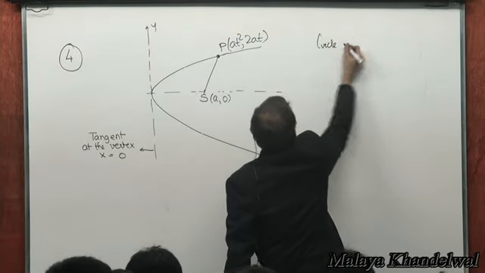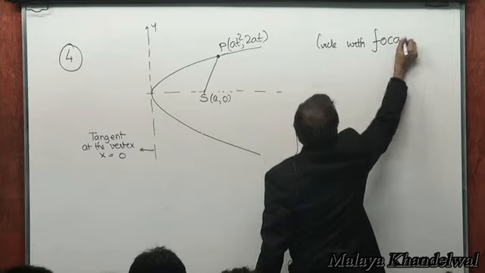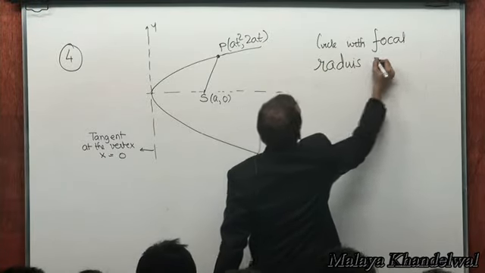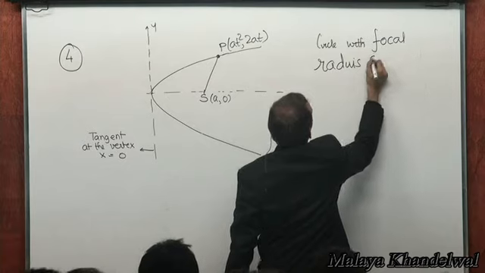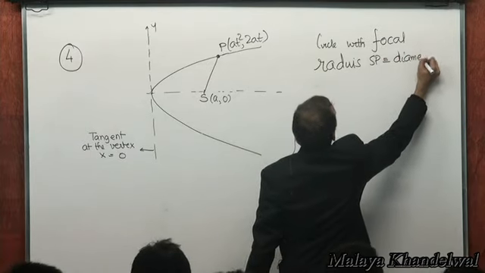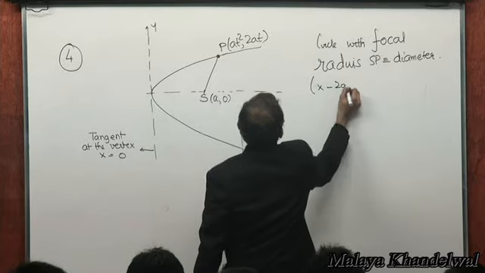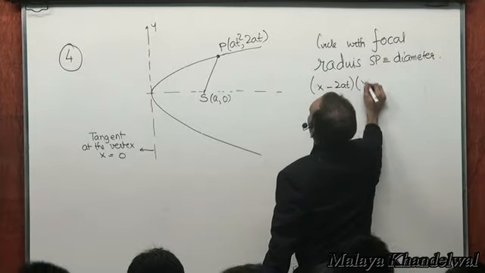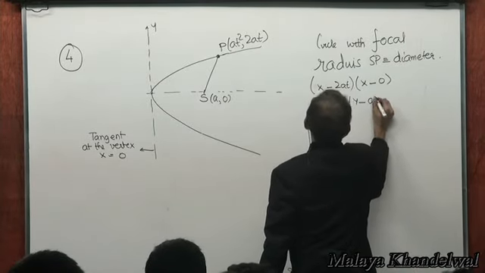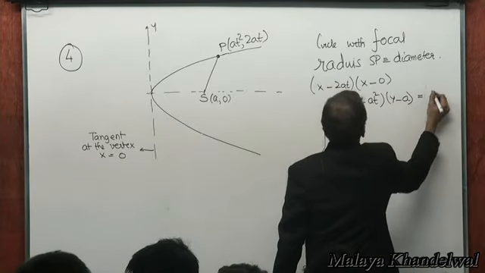The circle with focal radius SP as the diameter is (x minus at squared) into (x minus a) plus (y minus 2at) into (y minus 0) equal to 0.